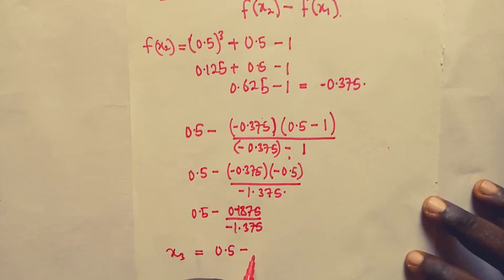0.5 minus the division of this will give me the minus 0.1364.